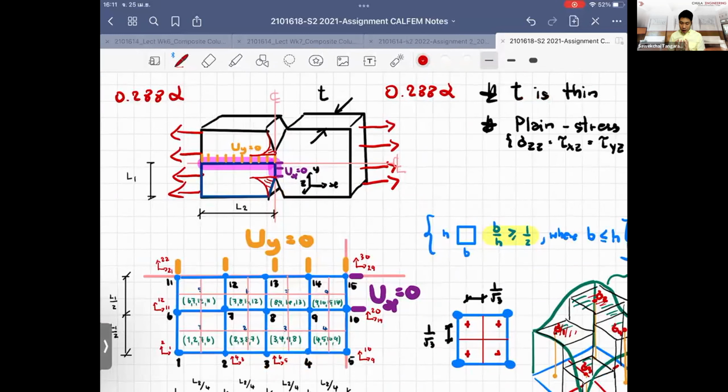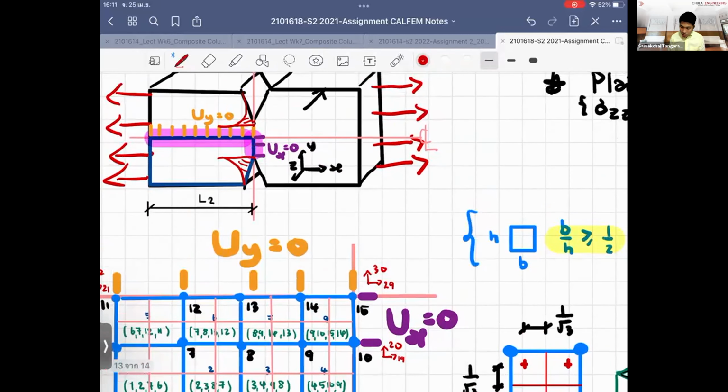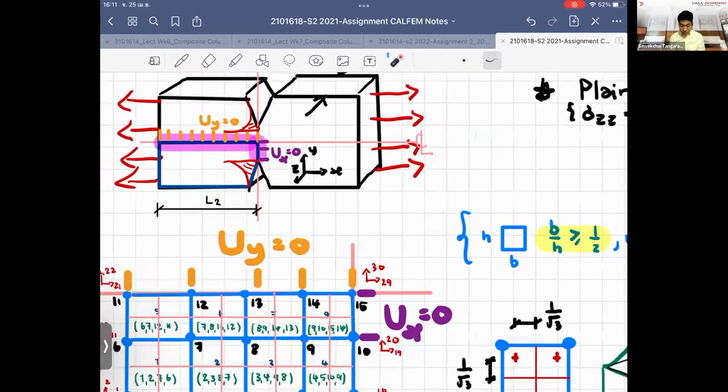For us to approximate the stress more accurately, we need more elements over the crack tip. So over the crack tip we require a lot more elements, right? So that's why this depends on it.